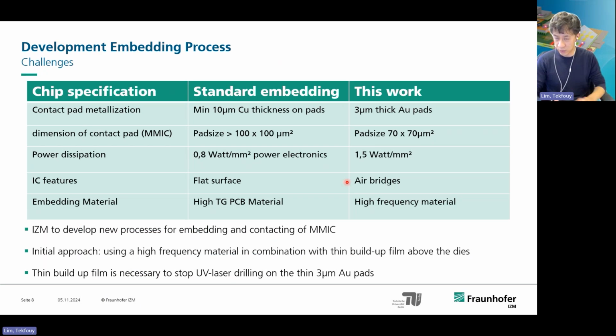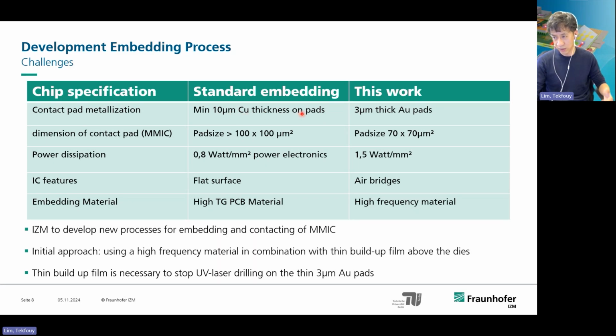So here I summarize a little bit the challenges before I describe the technology process that we have for this technology. In a standard embedding process where we embed standard ICs, we usually have some 10 micrometer thick copper on pads.